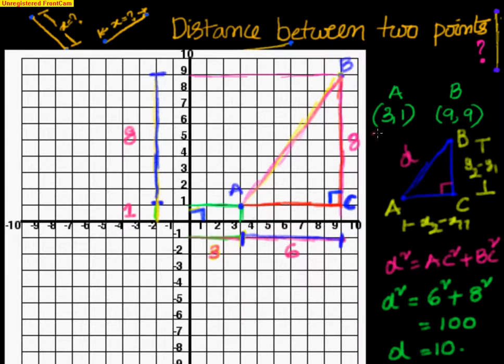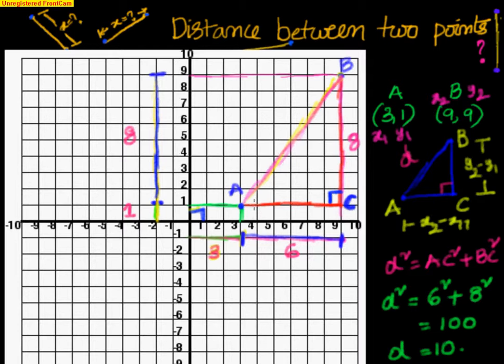To be clear, this is your x1, y1, and this is x2, y2. Now we found the horizontal and vertical distances. We found the point C where the horizontal line and vertical line intersect, and they intersect at 90 degrees because these lines are respectively parallel to the x-axis and y-axis.